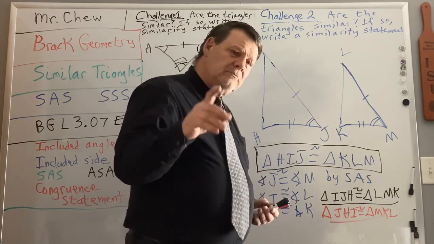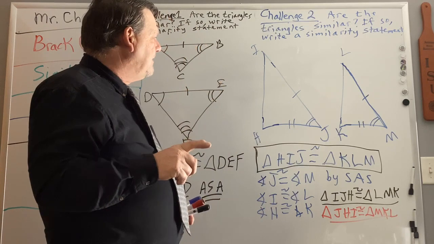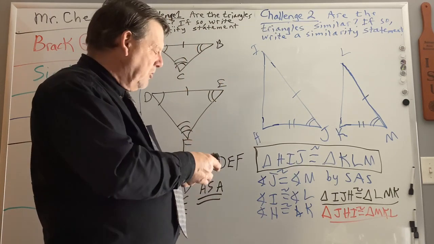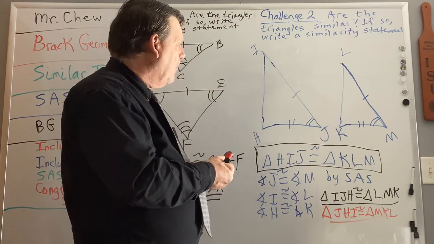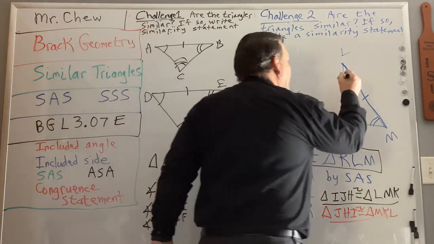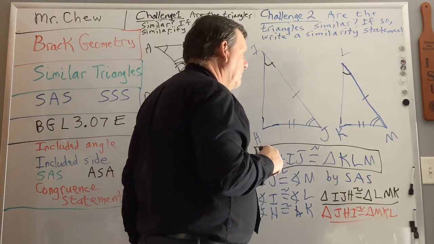So you can also write the proportional sides here. And then you could go back up here to this angle, just like we did here. And we could say that we know that this angle corresponds with this angle.